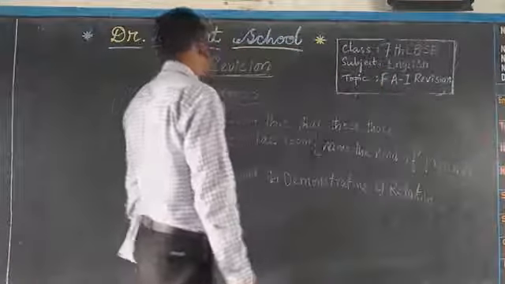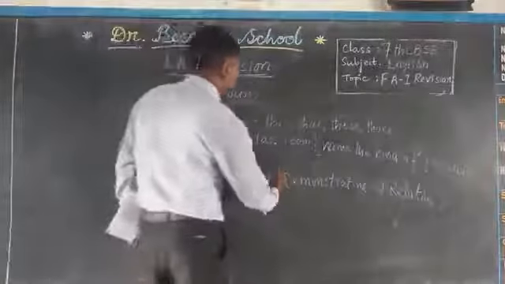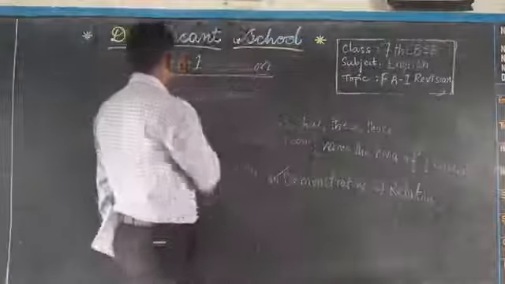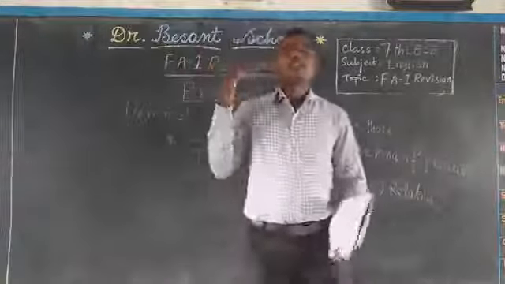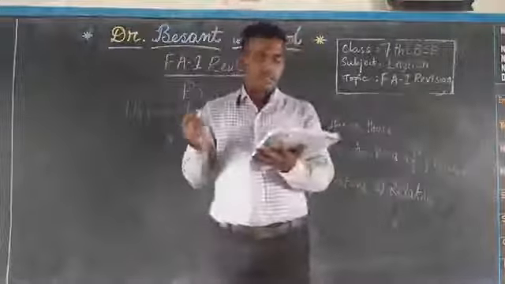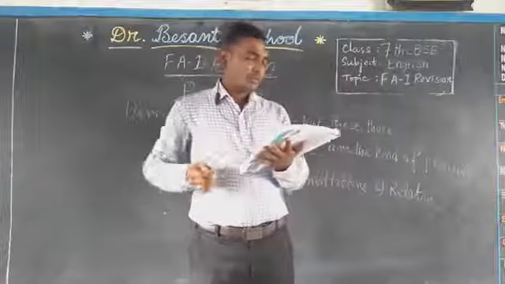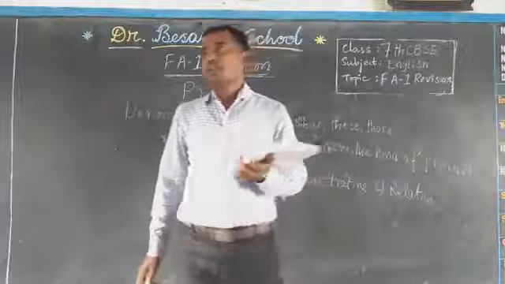Right children? So this is how questions will come from this. So the answer is demonstrative pronoun, right? This, that, these, those. These are called demonstrative pronouns. Okay, right.